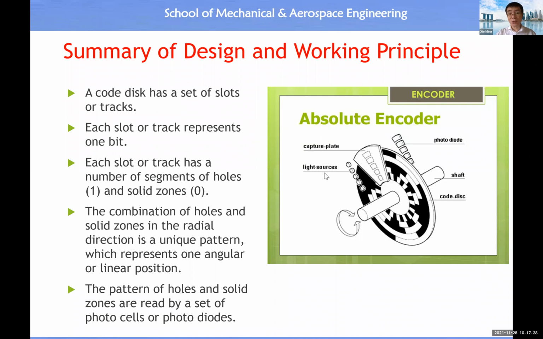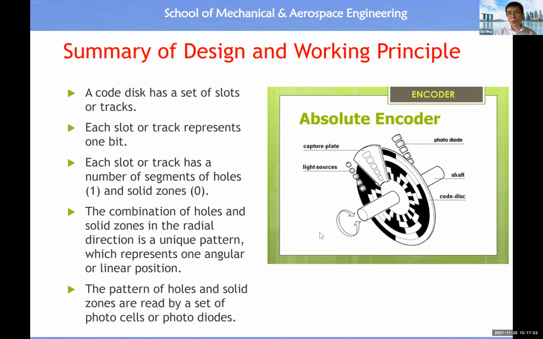Then we have a light source which will emit light, and a photocell to detect the incoming light. The light can pass through the transparent area inside the disk, and the light will be stopped by the opaque area in the disk.